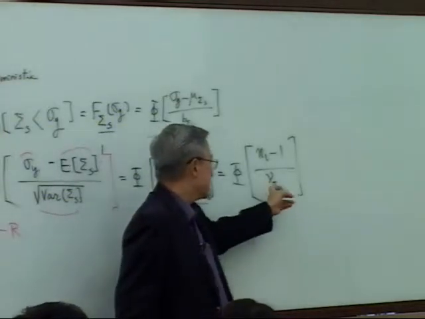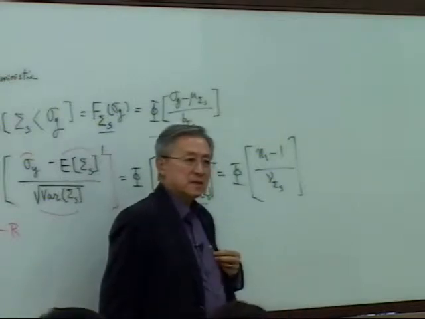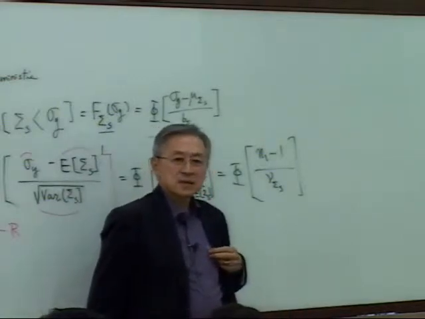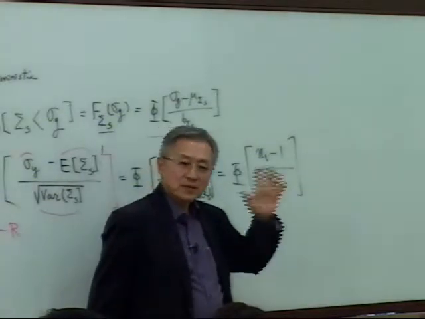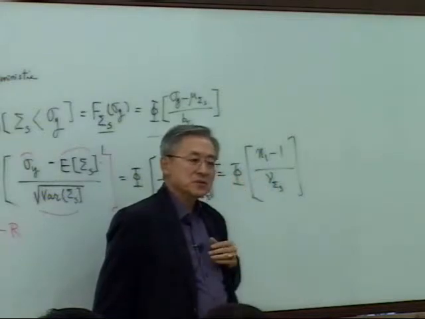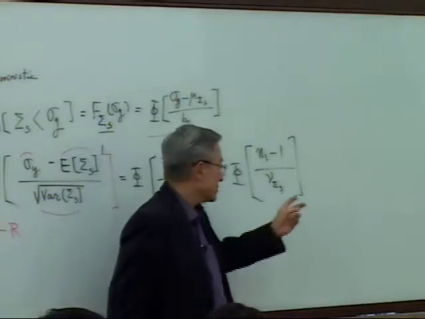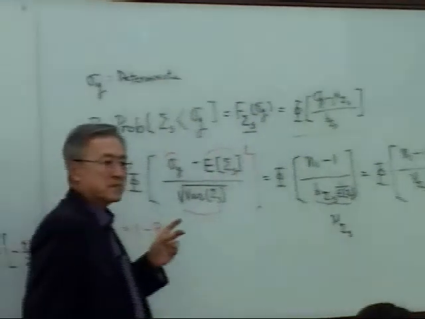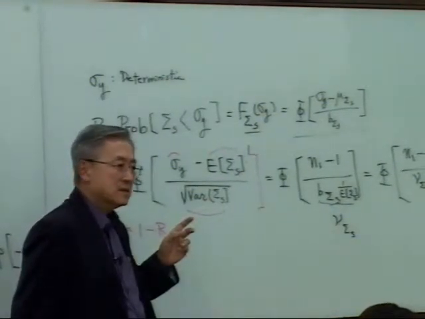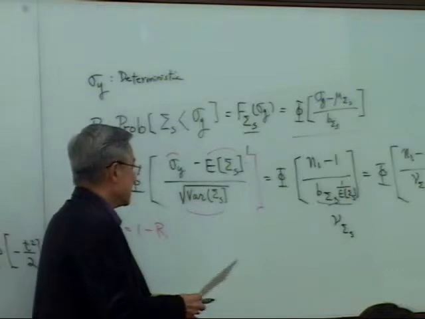When this value is small, you are dealing with well-defined loading. If this is very small, then you know the uncertainty is not much. So if this is large, what do you expect in terms of the reliability R? Very bad, small, and vice versa.